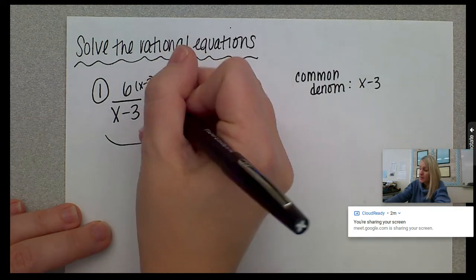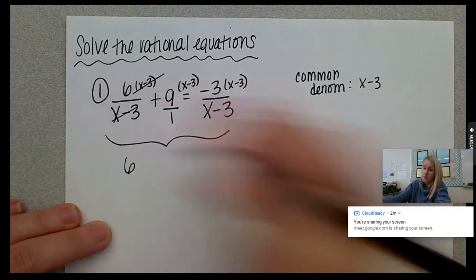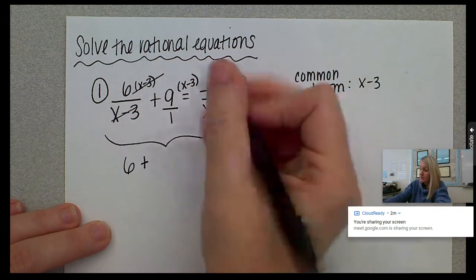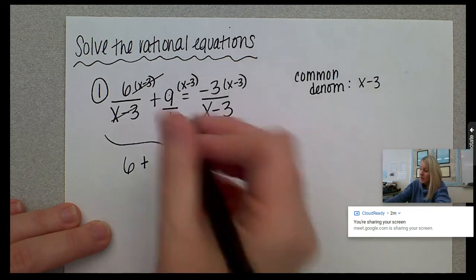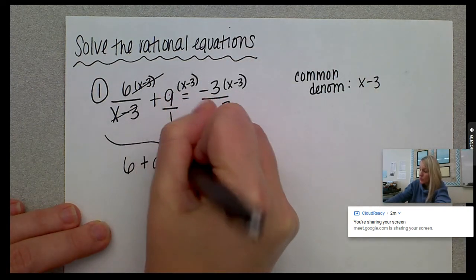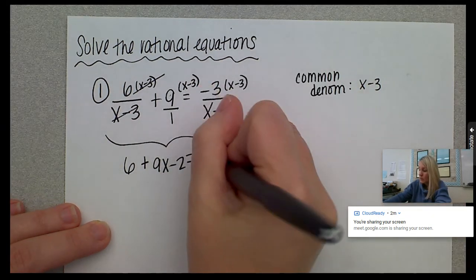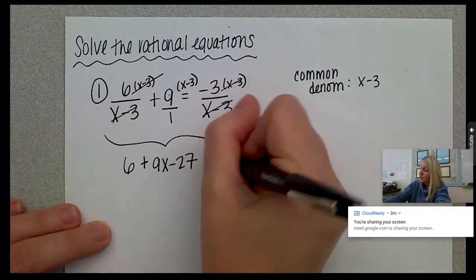The x minus 3 and the x minus 3 are going to cancel, and I'll just be left with 6 plus... nothing cancels here, because that's just over 1. So I can distribute that 9 in, and I'm going to get 9x minus 27. Just don't lose signs, and I have my equals. And here the x minus 3's cancel, and I'll be left with negative 3.